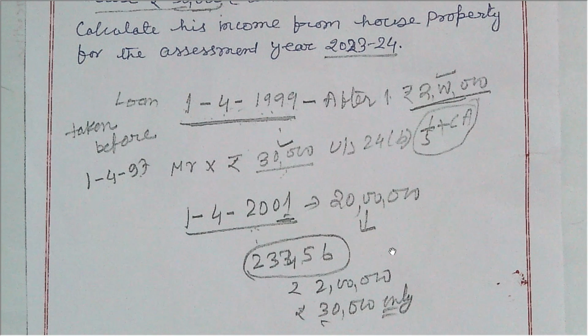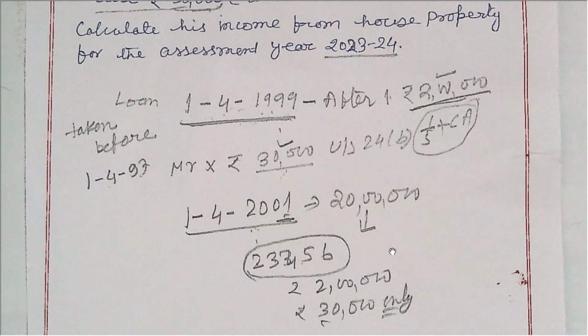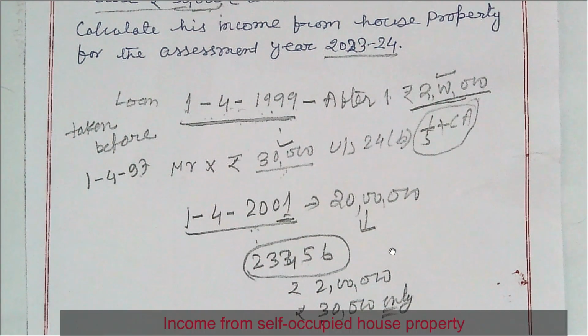Okay, and the borrower has to obtain a certificate from the lender specifying the amount of interest payable. The certificate must also specify the purpose of loan. This is certifying that the lender has given the house loan for the construction of the house property. This fact should be certified by the lender, and the owner of the house property must obtain a loan certificate for what purpose the loan amount was taken.